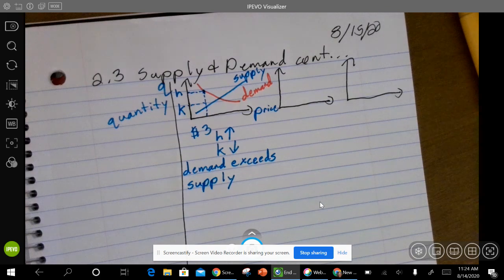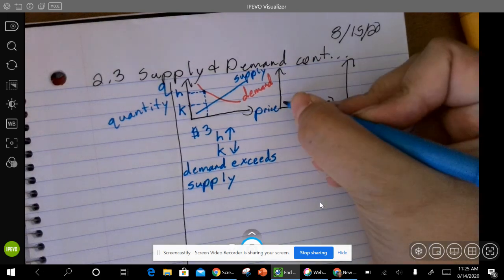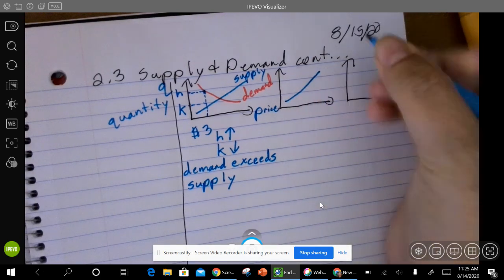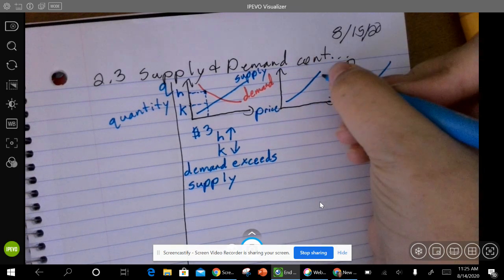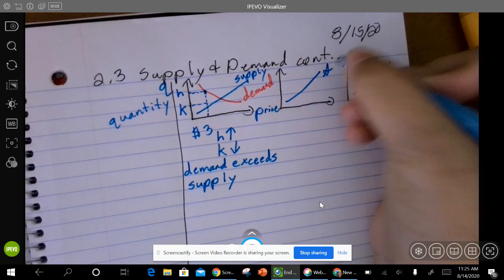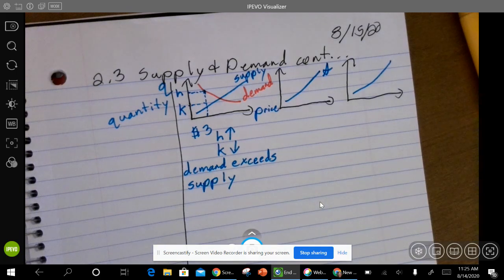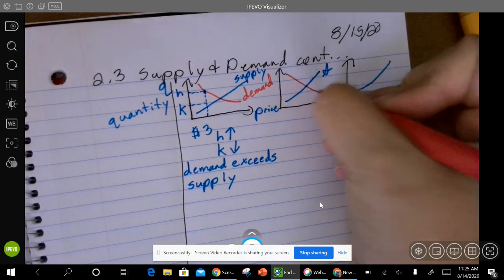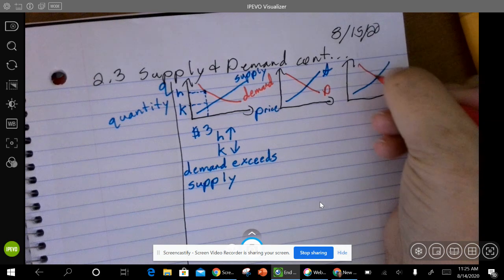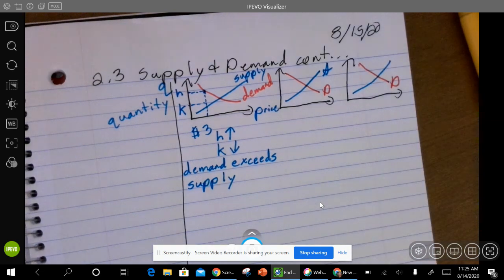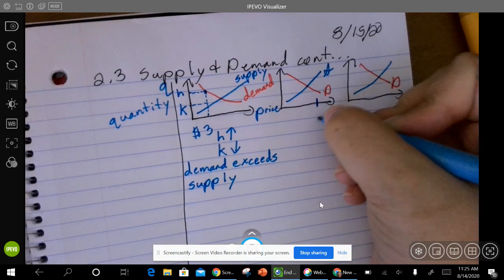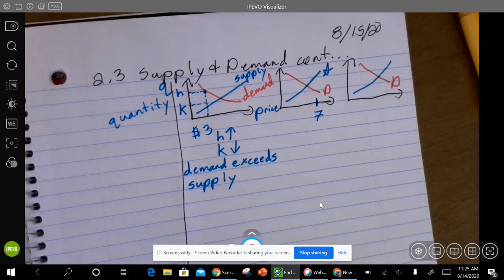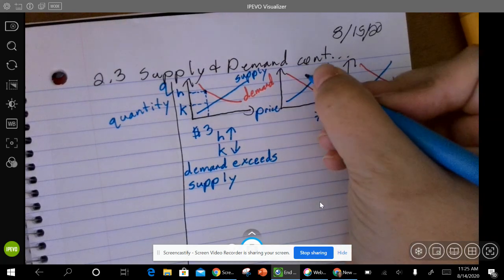So if we have where supply, over here, okay, so this is our supply. And we have a demand. So if we're over here, so the price is $7, or let's say hand sanitizer, this is what we were talking about.